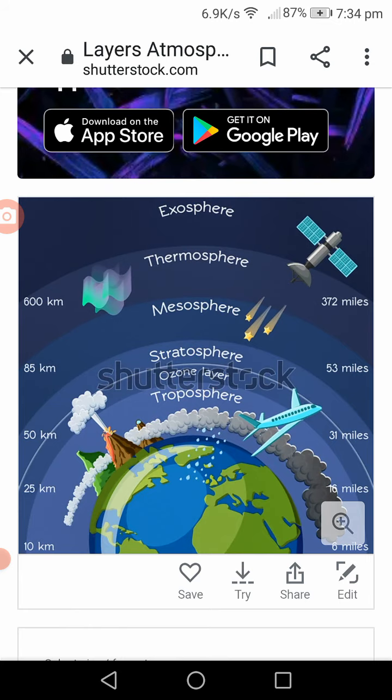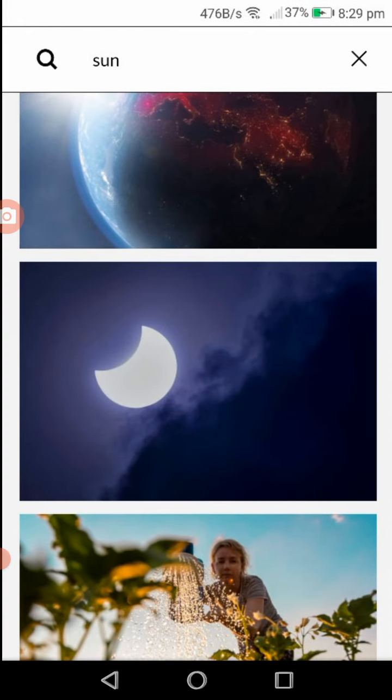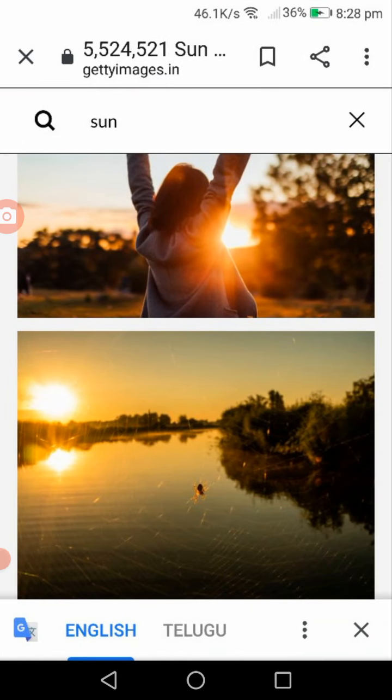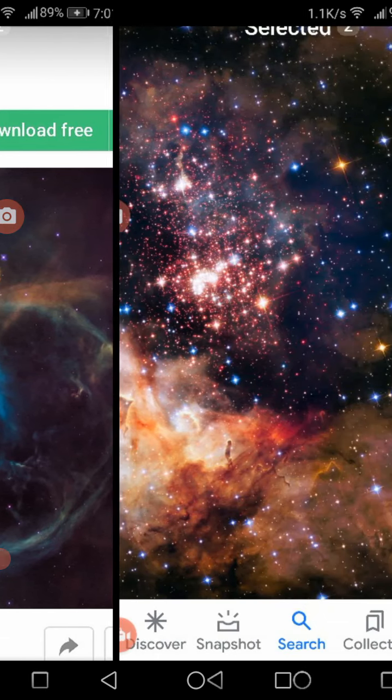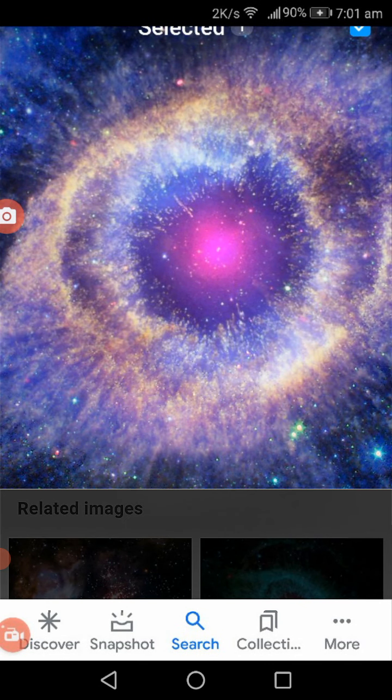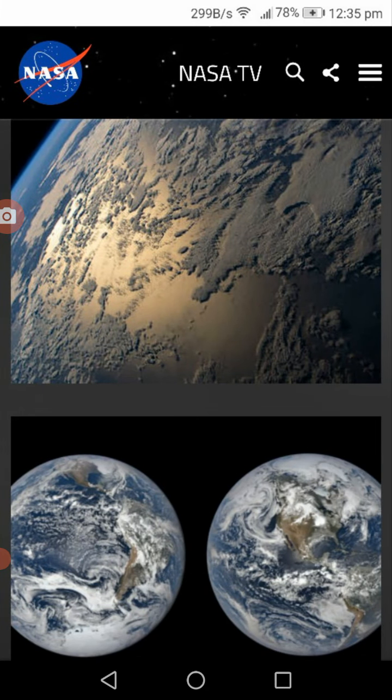Lithosphere. The solid part of the earth is called the lithosphere. It is made up of rocks and minerals, and everything you see in this particular picture of the earth. It is covered with a thin layer of soil.